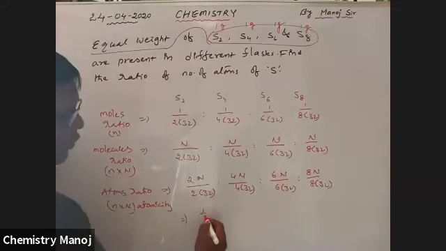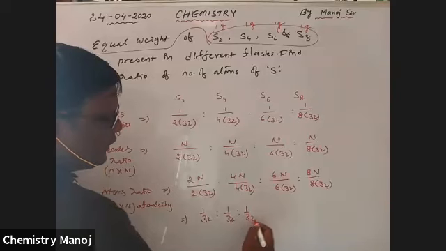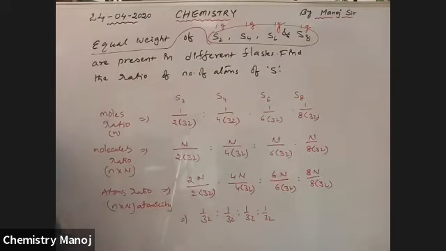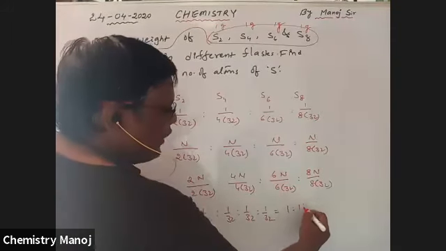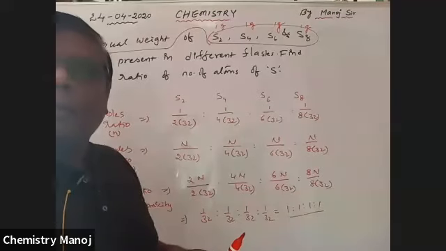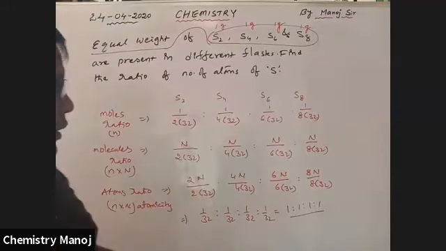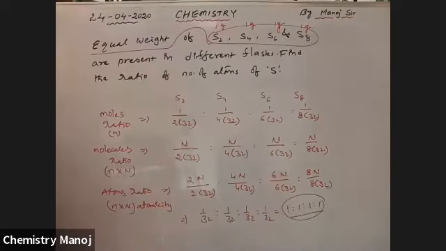So 1 by 32 is to 1 by 32 is to 1 by 32. Altogether the value is 1 is to 1 is to 1 is to 1.